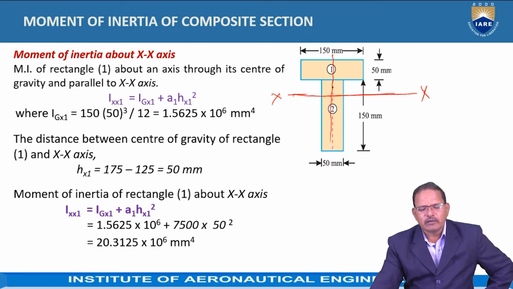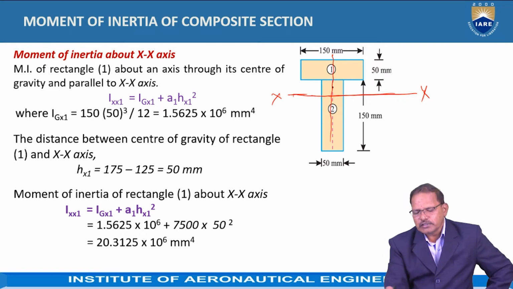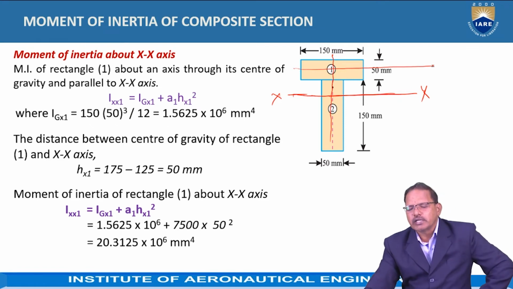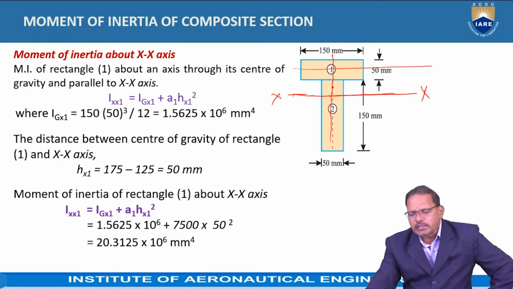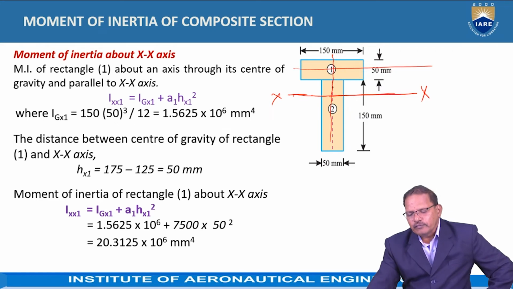Now we require the moment of inertia about the x-axis as well. For the first element, you have to determine the moment of inertia of the first rectangle. Since the 50 mm dimension is the one dividing, when you take parallel lines, the moment of inertia possessed by the first rectangle about a horizontal axis passing through its centroid is equal to 150 into 50 to the power of 3 divided by 12.